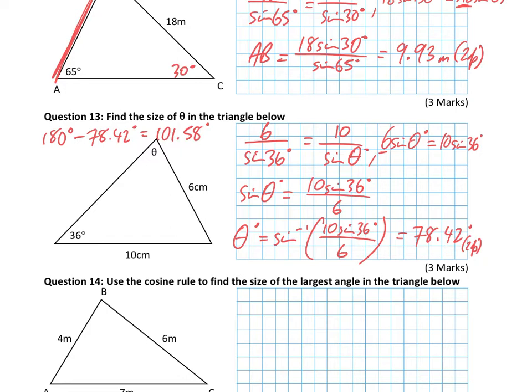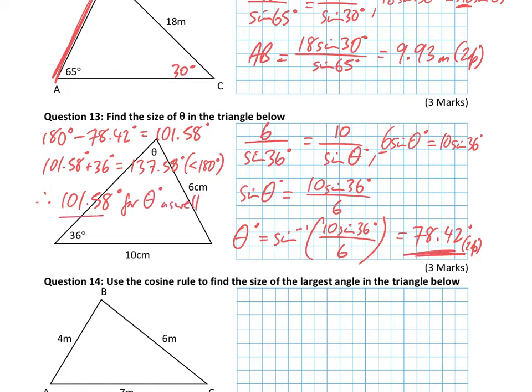Now to check whether it's ambiguous case, I go 101.58 plus the other known angle, plus 36 is 137.58 degrees, which is less than 180 degrees. So, therefore, 101.58 degrees for theta as well. So we've got 2 possible answers there. Okay.